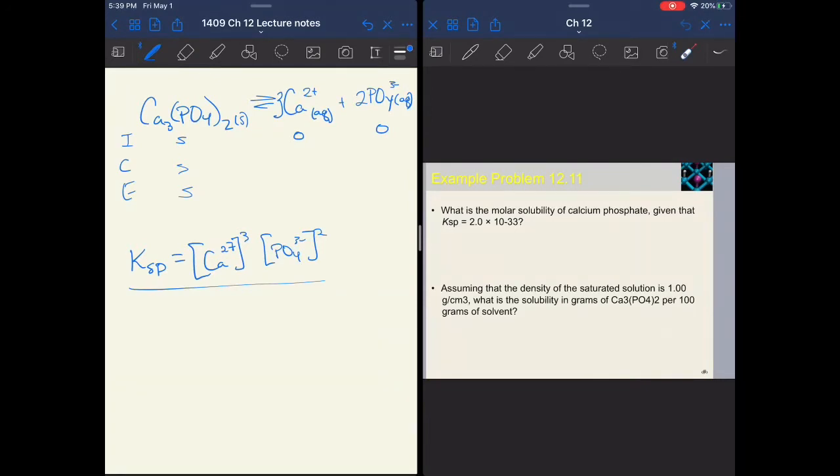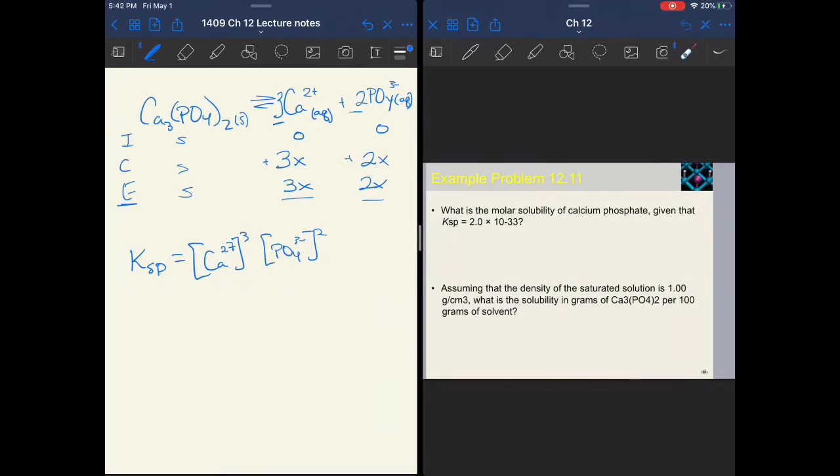So the change is going to be a stoichiometric ratio. For every 3 calcium ions, we're going to have 2 phosphate ions. So I'm going to add 3x and 2x. You're going to use those stoichiometric coefficients here. So I know my equilibrium concentrations are going to be 3 times x for calcium, 2 times x for phosphate.